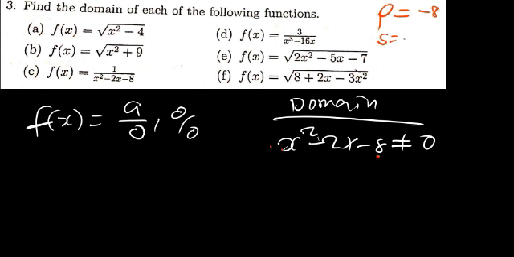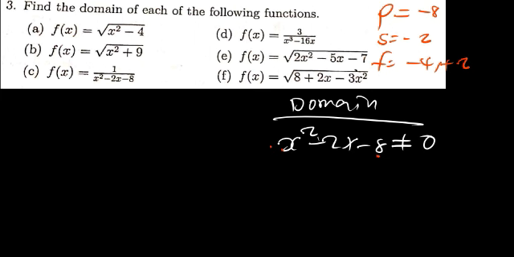Sum is negative 2. What factors do we have? So let us see. It should be 4 and 2, so negative 4 and plus 2. Negative 4 times positive 2 is negative 8. Negative 4 plus 2 is negative 2.